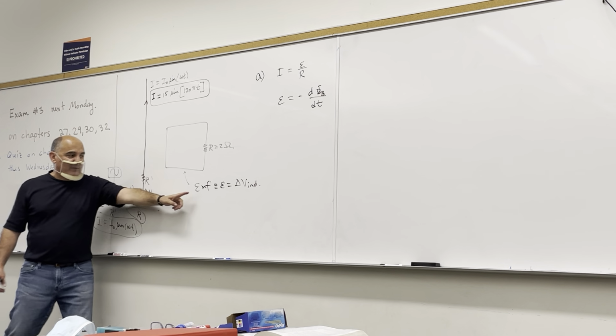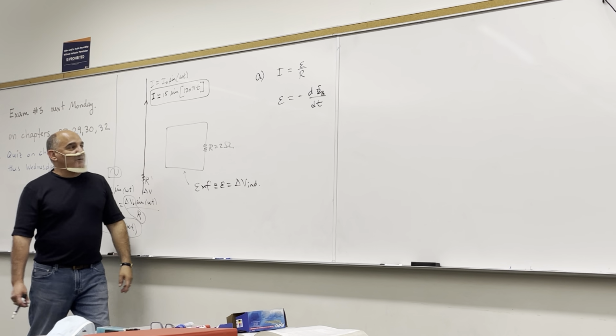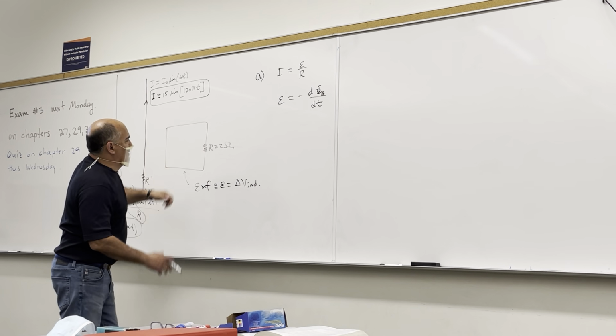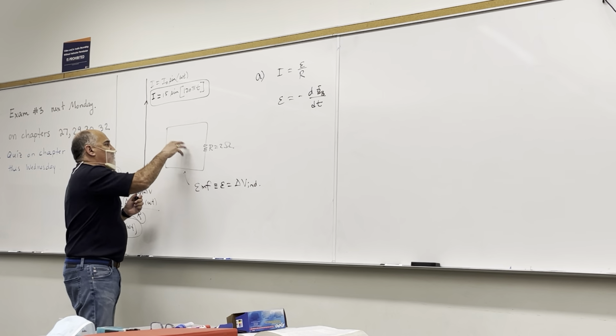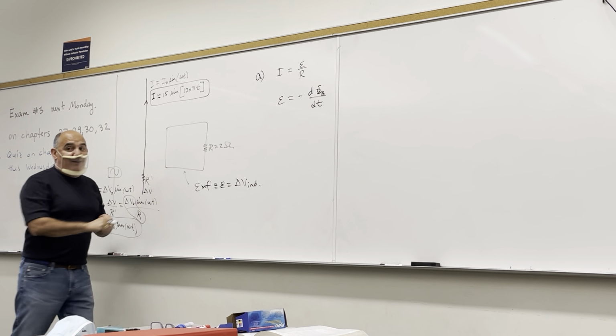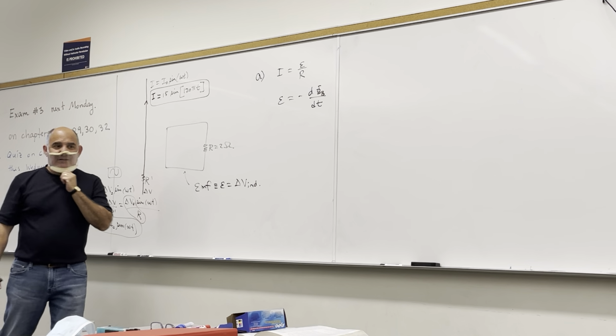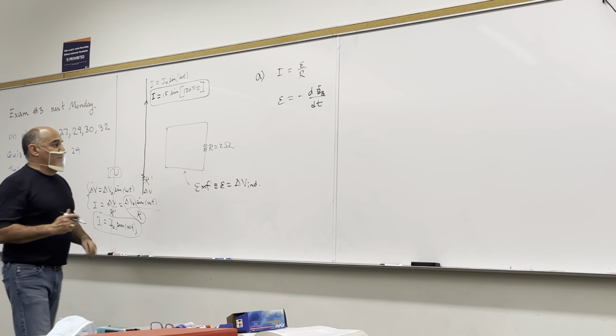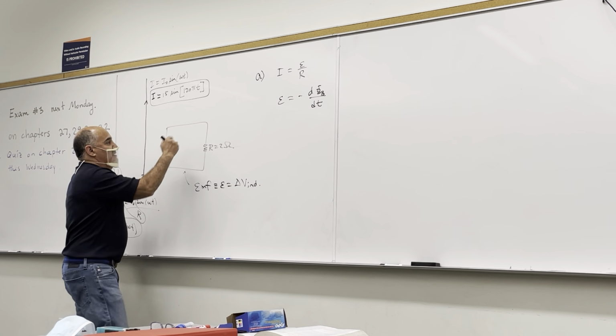And this is what Faraday's law is going to give me. So Faraday's law is this. The minus sign is to tell me something about the direction of the induced current, which is to oppose the change in the flux produced by this other current. But anyway, what was the first question? What is the current induced in the loop at t equal to 0? Okay, so I want to know what is the induced current in this loop.